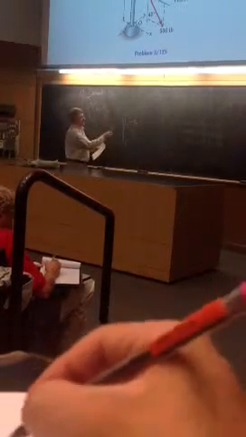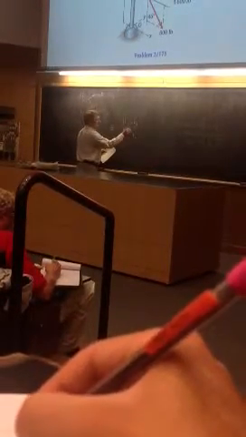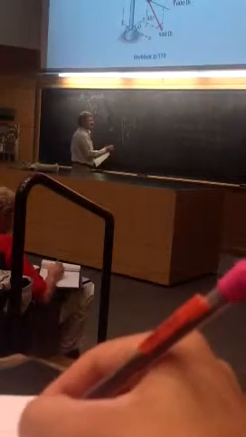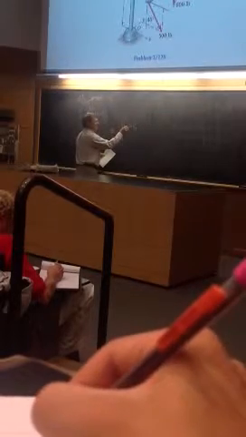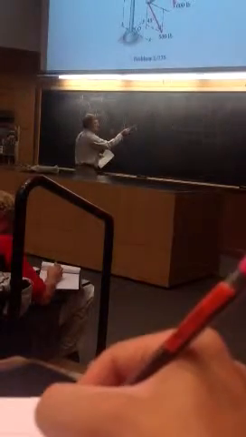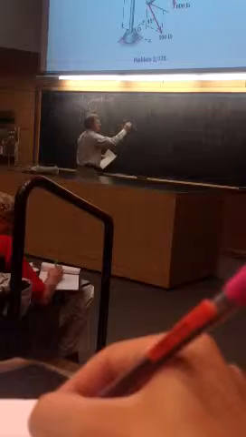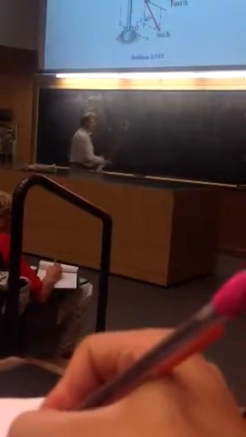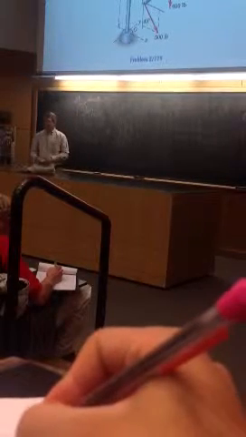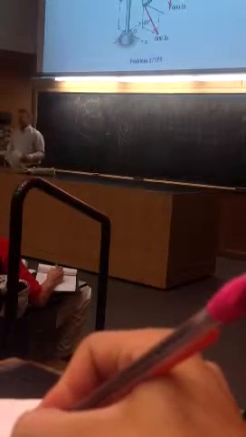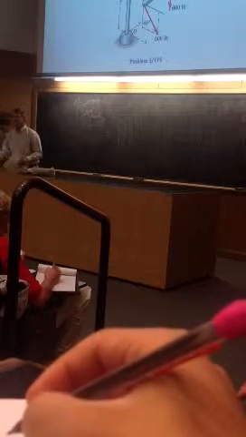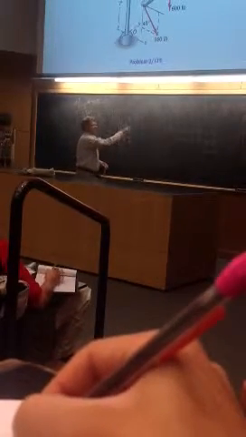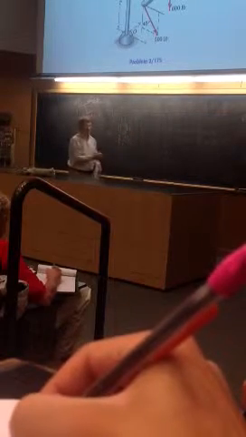In addition, I can have moments: a moment about the x-axis, a moment about the y-axis, and a moment about the z-axis. For lack of any better choice, I've simply drawn all of these in positive coordinate directions. So Fx is in the plus x, Fy is in the plus y, Fz is in the plus z.